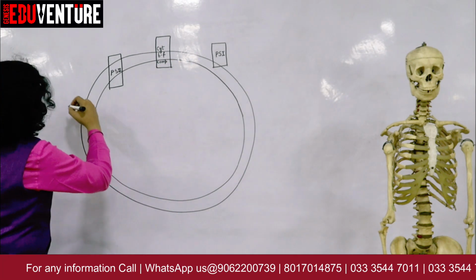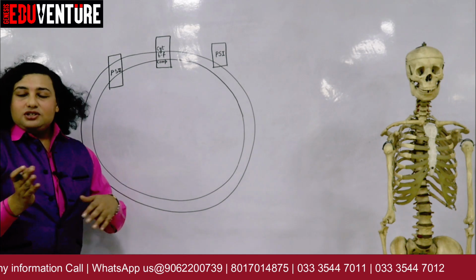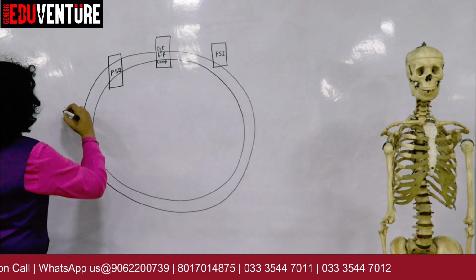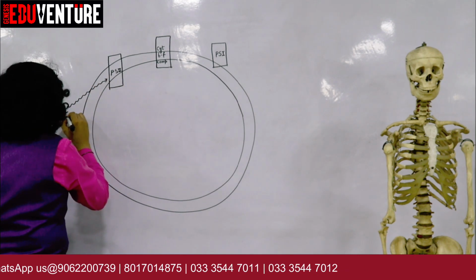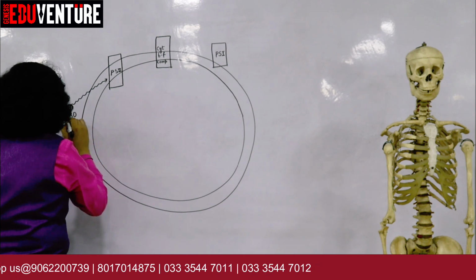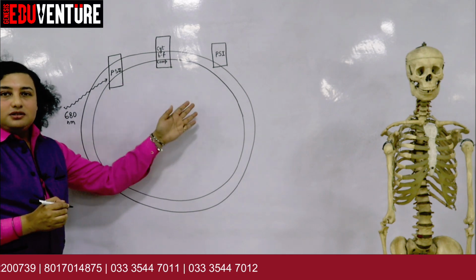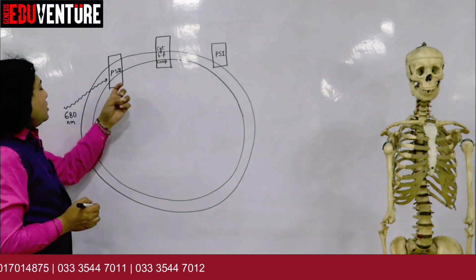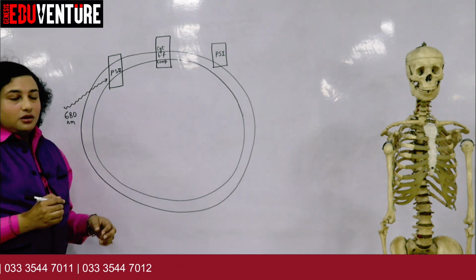As soon as light energy strikes the photosystem, it gets excited. When photosystem 2 is excited by light of wavelength 680 nanometer falling on this thylakoid, it activates photosystem 2.